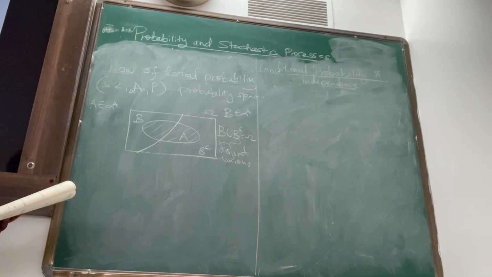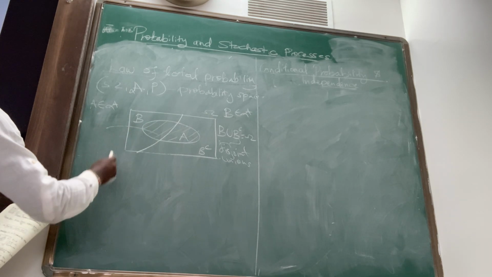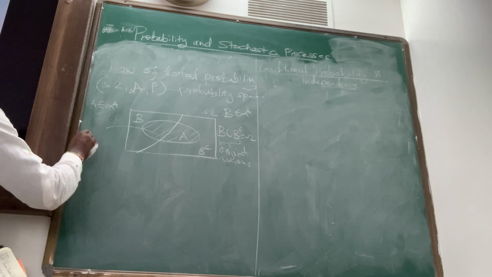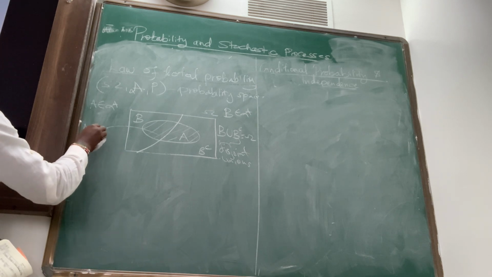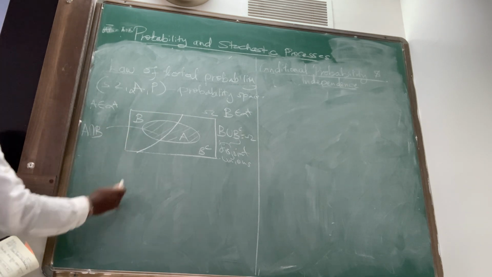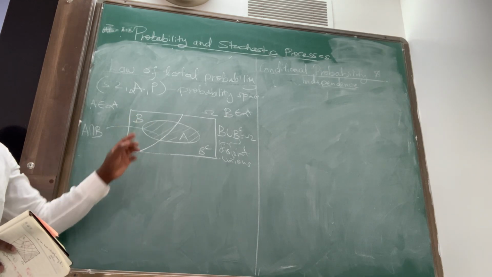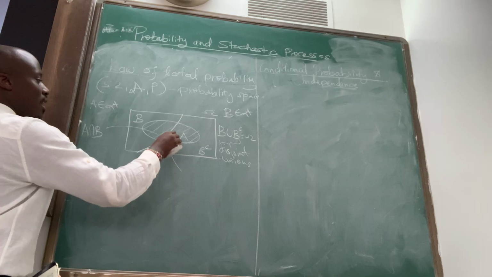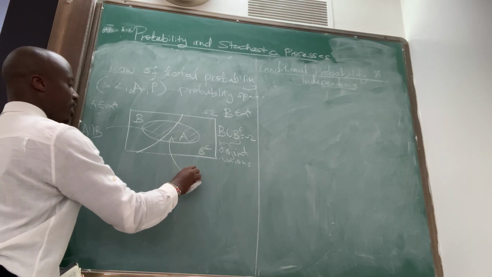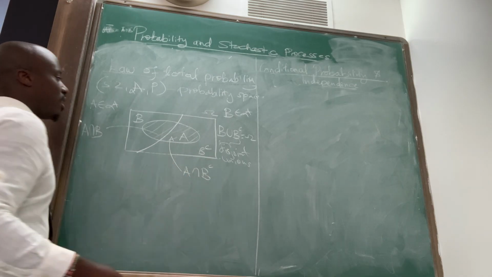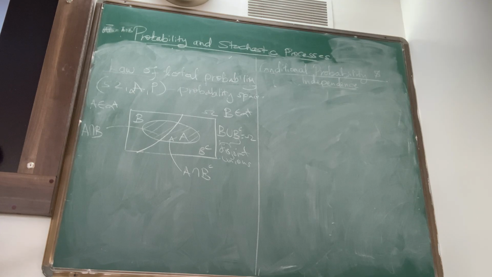Now, if you look at this upper half, this is A intersection B, because this region is both in A and in B. And this other half is just A intersection B complement. Those make sense.